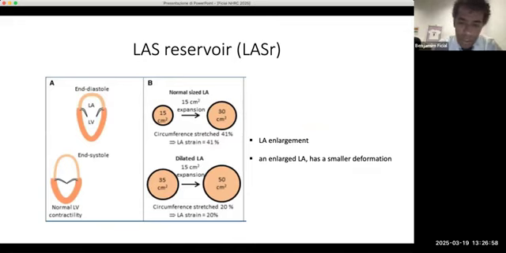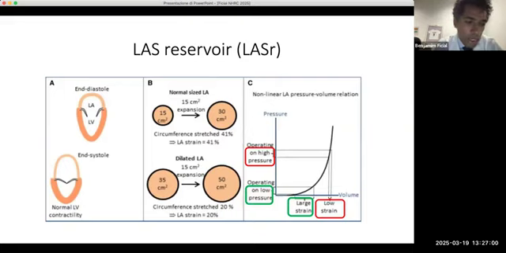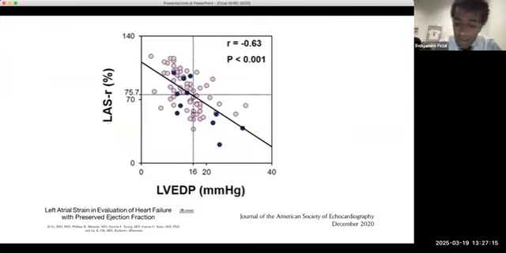And due to geometrical reasons, an enlarged atrium compared to a normal one has reduced deformation during the cardiac systole to accommodate the same amount of blood coming from the pulmonary veins. I know that some of you may still be skeptical, but I will convince you by showing two clinical cases.